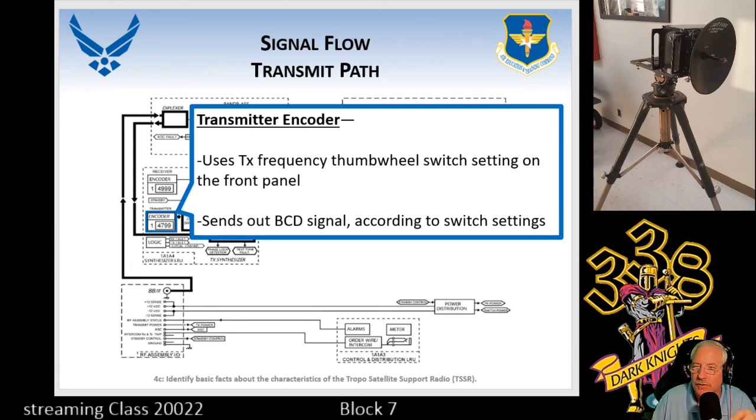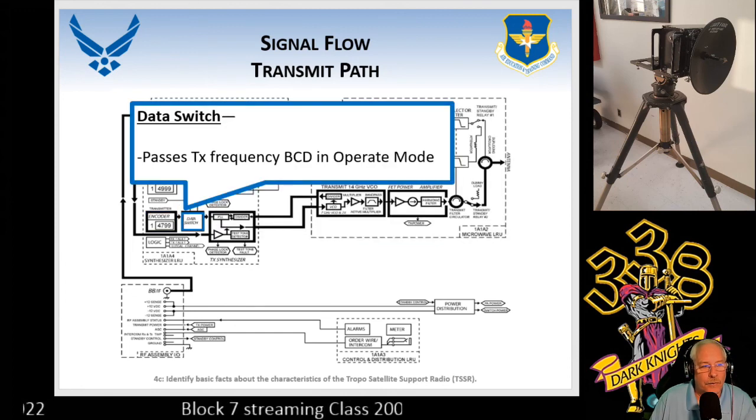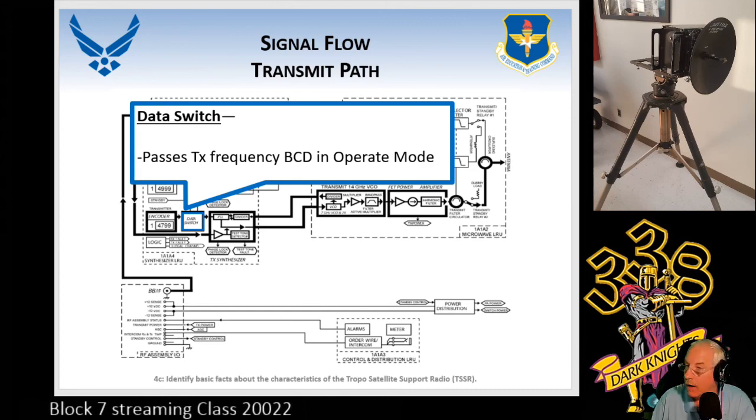Back in the day, we used to teach these thumb wheels, and they were basically controlling transistors, and you either got a logic 1 or logic 0 out of there. We then go through a data switch. Now, that data switch is extremely important depending on what mode you're in. In this case, we're in operate, we're transmitting. So if we were to go into standby, that data switch is going to do something different.